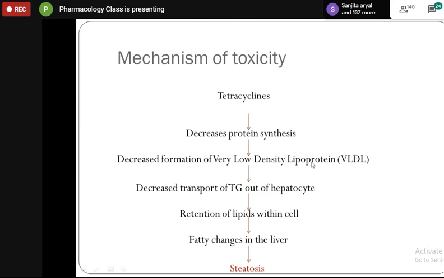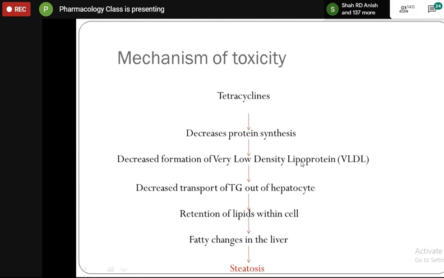So lipoproteins are like a vehicle which transports lipids or triglycerides from different areas. Specifically, the function of VLDL is the transport of triglycerides out from the liver cells.